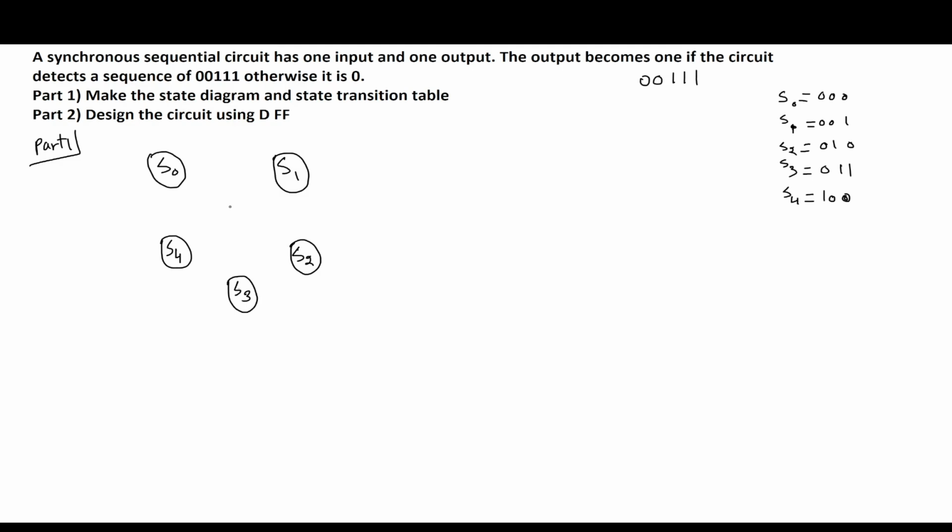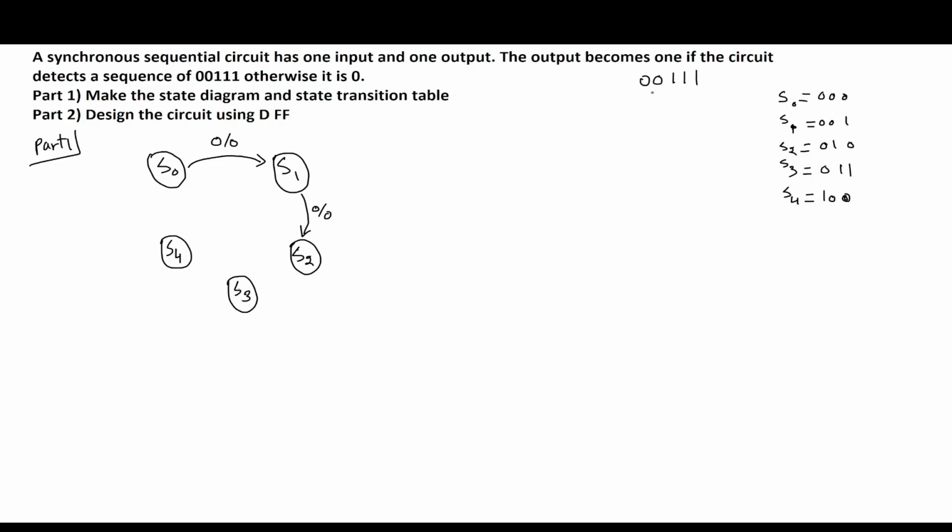Now let's see how we transition. First, let's assume we are entering the correct bits, 0, 0, 1, 1, 1. We are not making any mistakes. If we enter 0 at S0, we can only go to S1. The input is 0, the output will be 0. At S1, if we enter another 0, we go to S2, the input is 0, the output is 0.